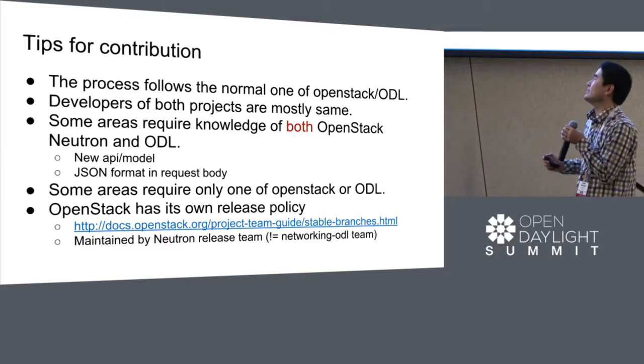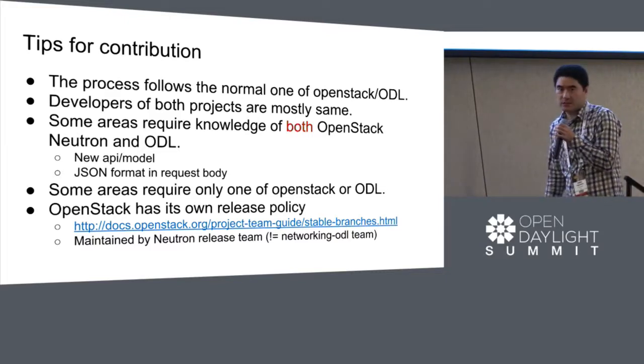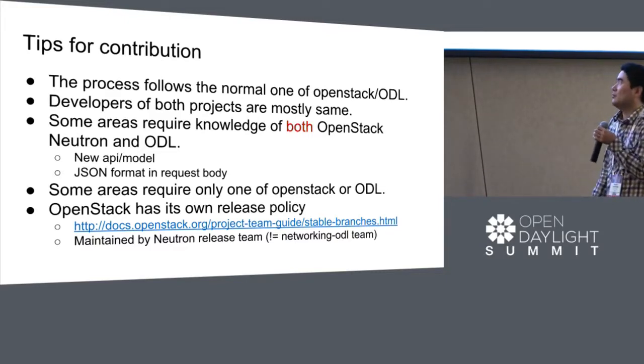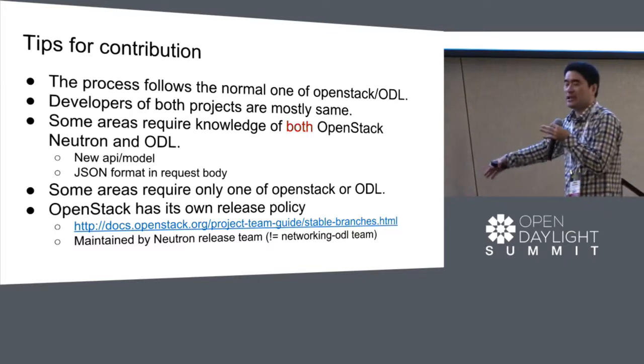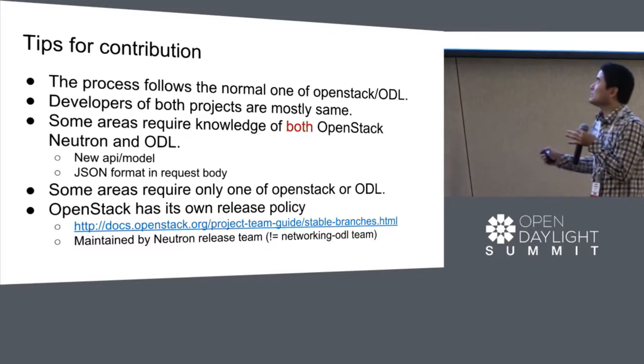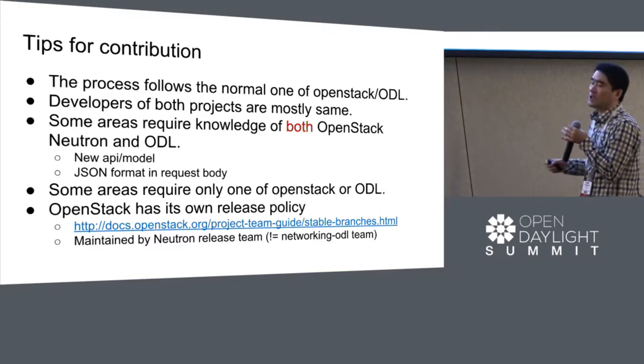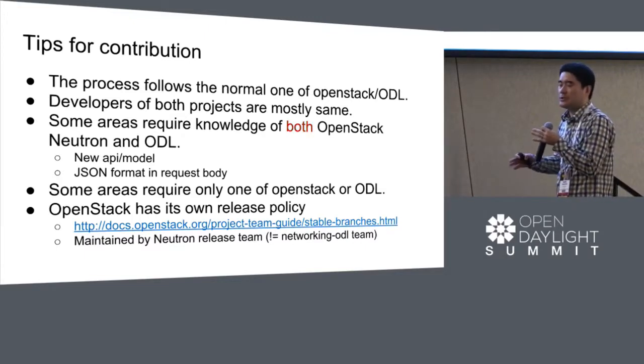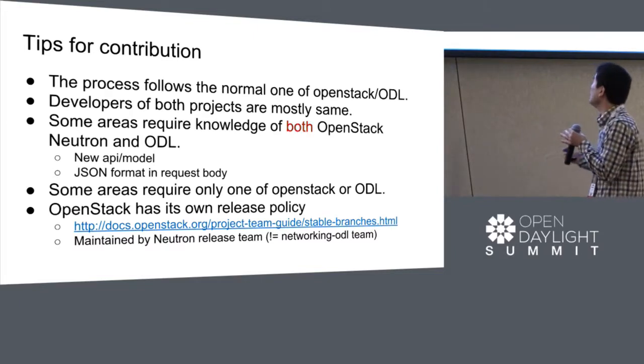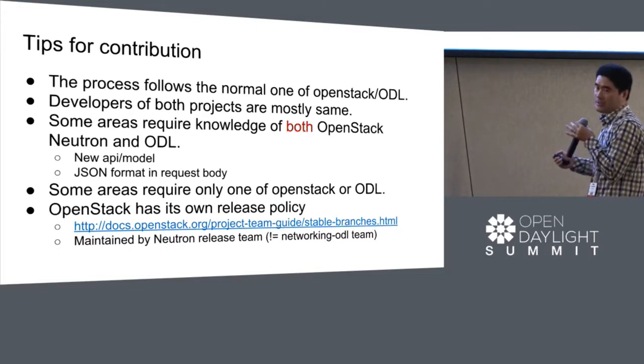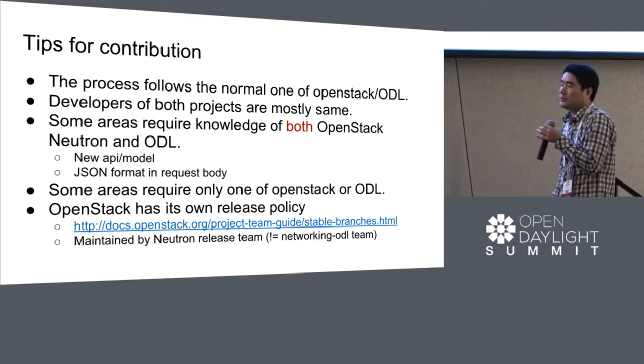Another big difference is that OpenStack has its own strict release policy, and we have to maintain stable releases. The actual stable branch management is maintained by a neutral release team, so it's maintained by another team.